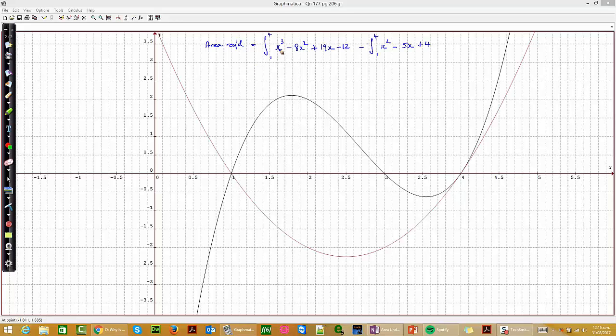Now, rather than calculating these things separately, as I mentioned a moment ago, this is equivalent to that minus this. So we can take that cubic and subtract the quadratic.